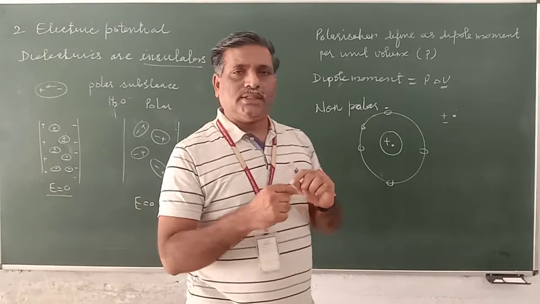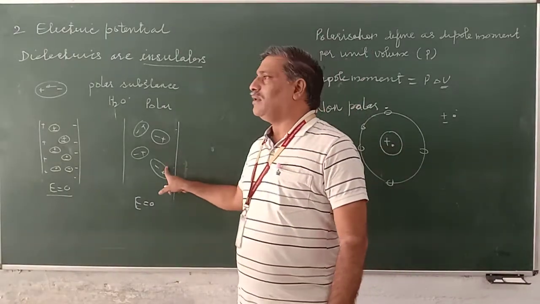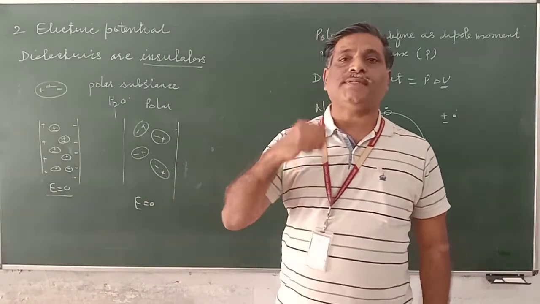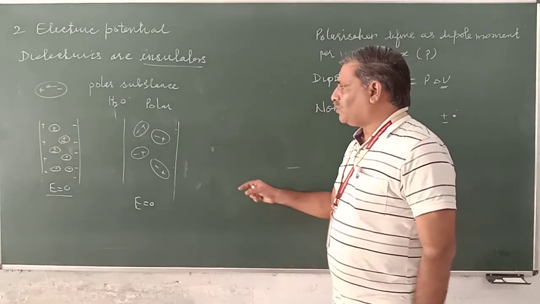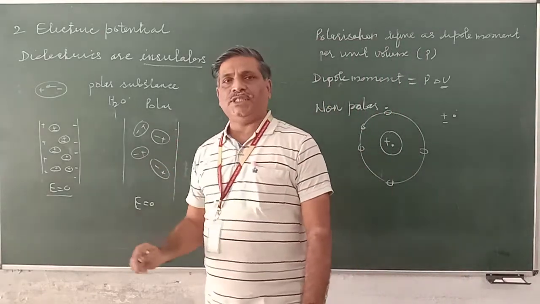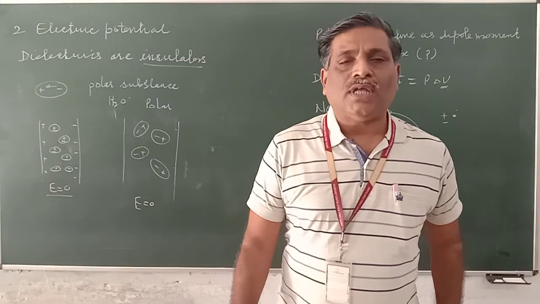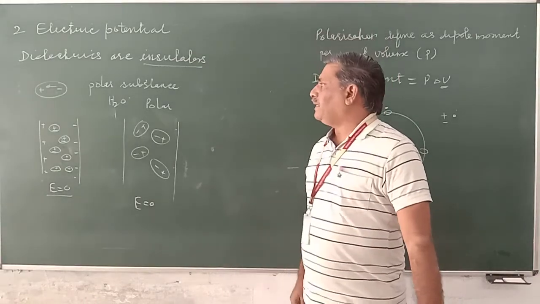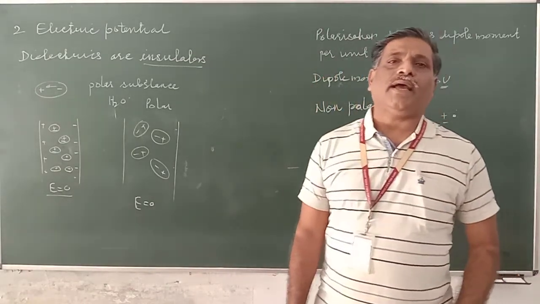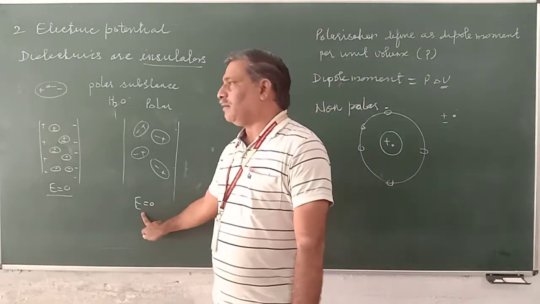It does not cancel out at atomic level. It cancels out at a substance level, because of random thermal agitation, all molecules are oriented in such a way that net dipole moment is 0 in the absence of field.